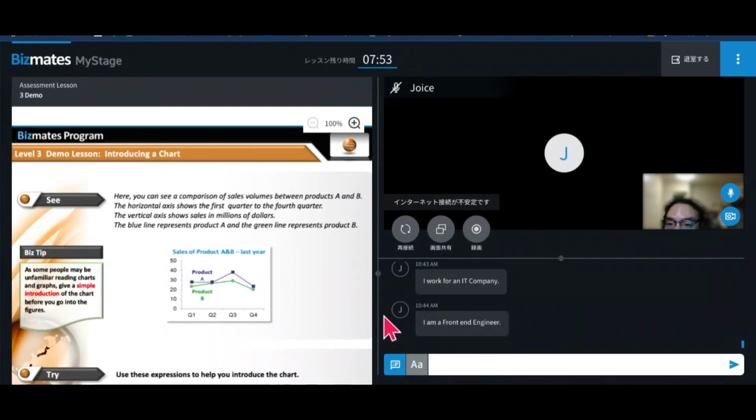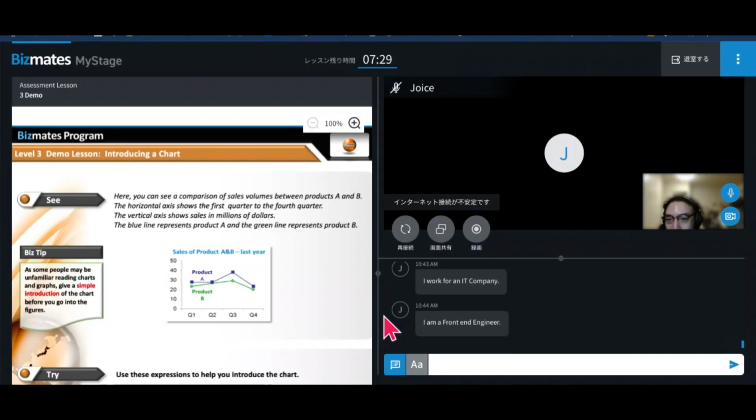The horizontal axis shows the first quarter to the fourth quarter. The vertical axis shows sales in millions of dollars. I love charts very much. The blue line represents product A, and the green line represents product B.